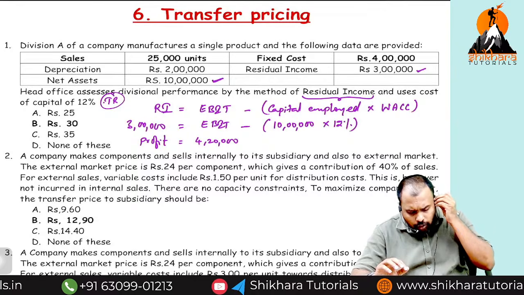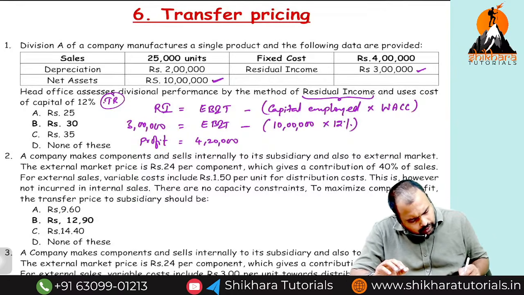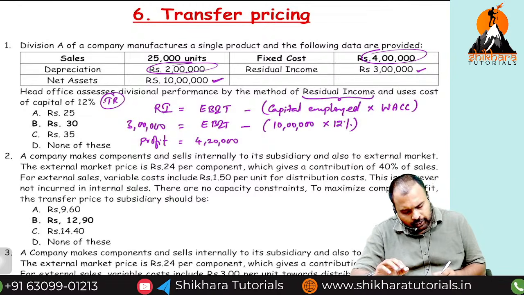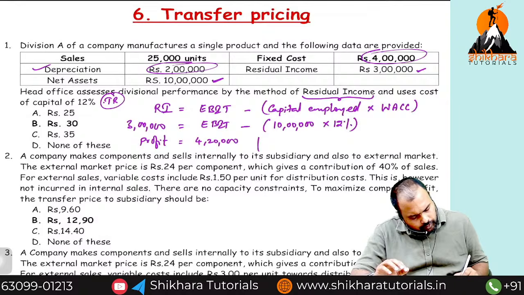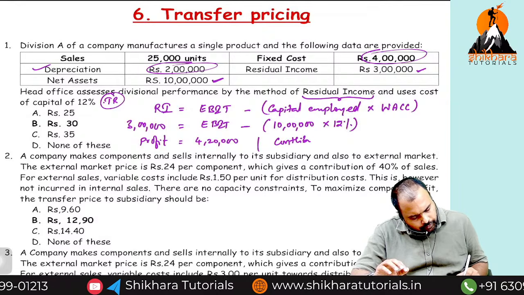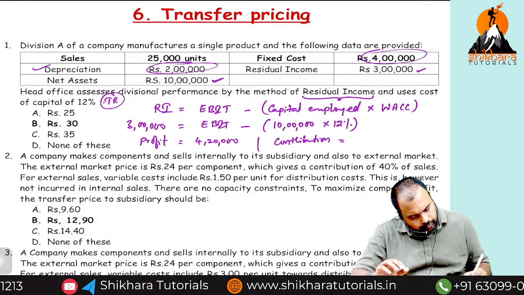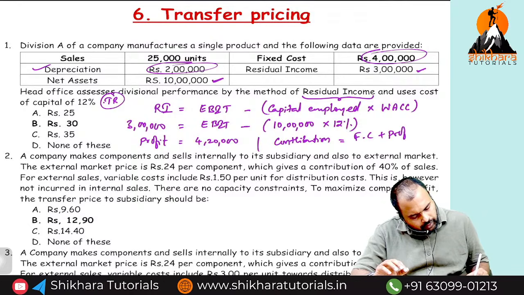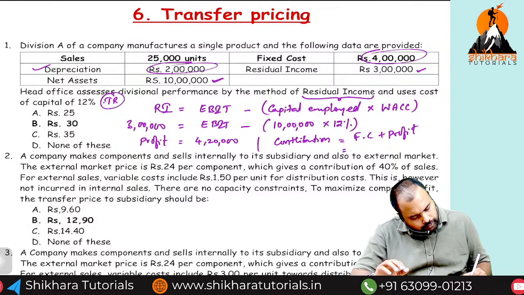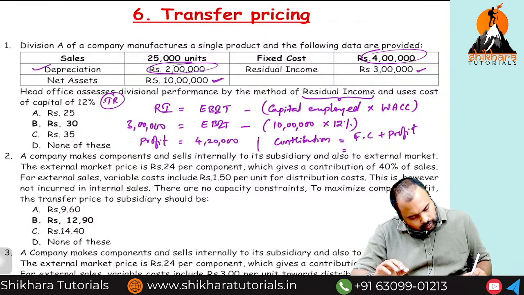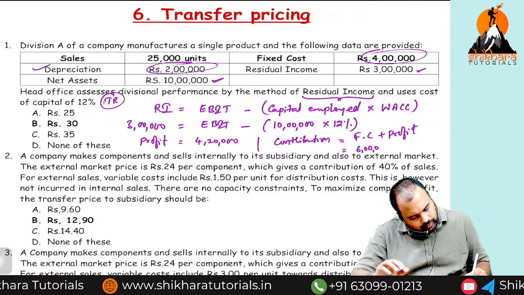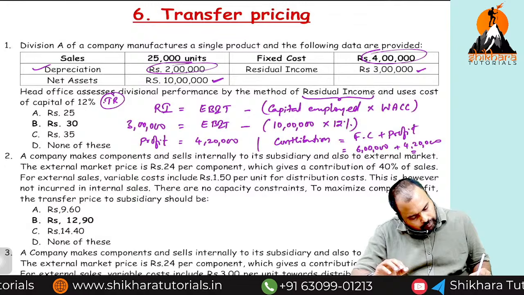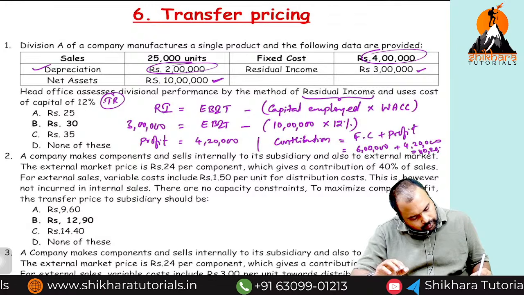Clear? Then what should be the contribution, sir? They say that fixed cost is 4 lakhs plus 2 lakhs, which is equal to 6 lakhs. Depreciation is also fixed cost. Now contribution should be equal to fixed cost plus profit, which is equal to 6 lakhs plus 4,20,000, which is equal to 10,20,000.